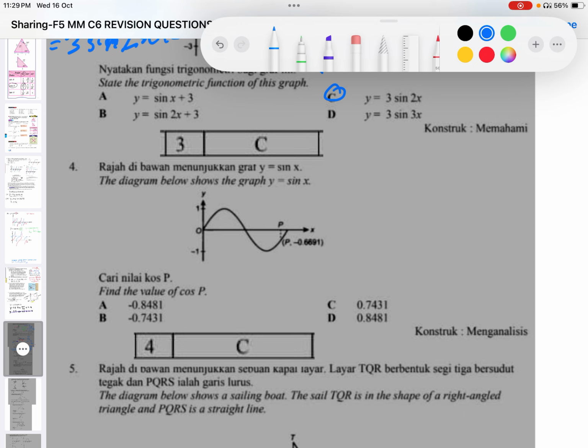Alright, the diagram below shows the graph y equals sin x. Find the value of cos p.